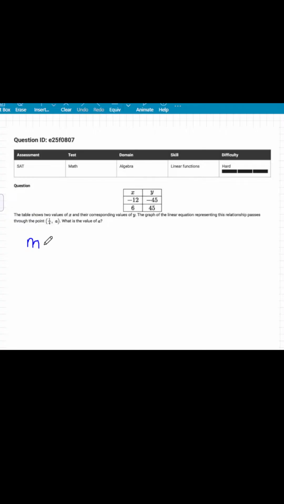So the slope is equal to y2 minus y1 divided by x2 minus x1, which is 45 minus minus 45, divided by 6 minus minus 12.